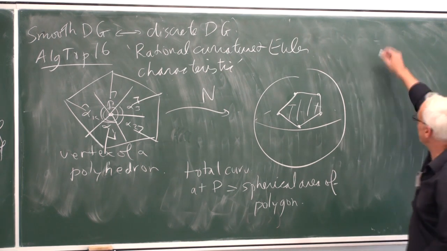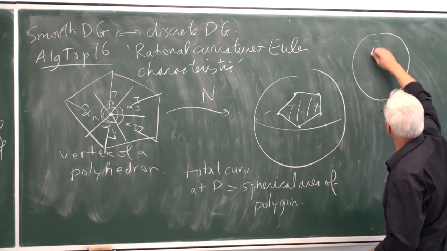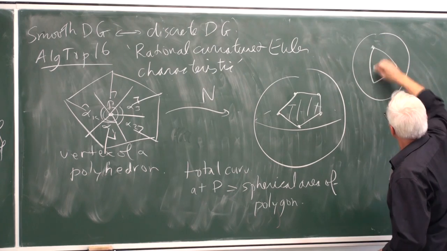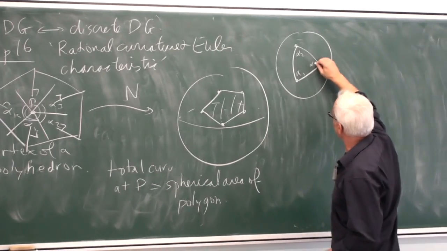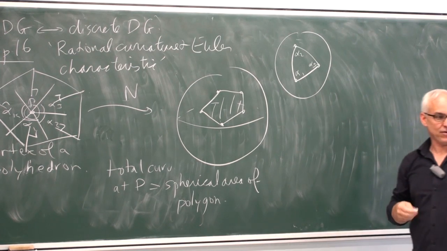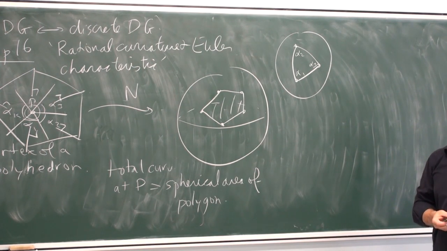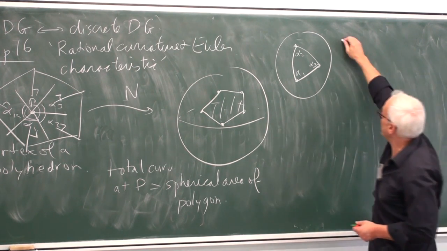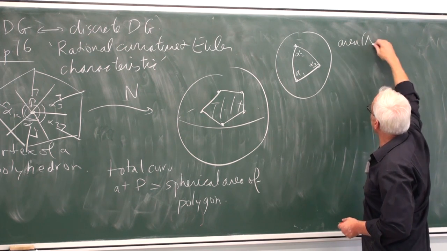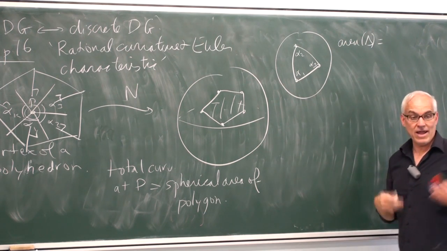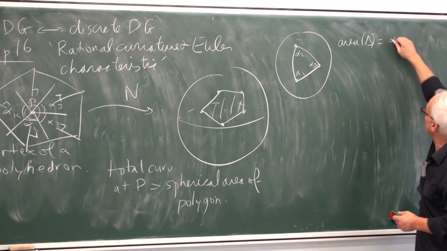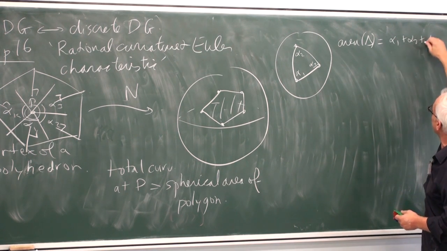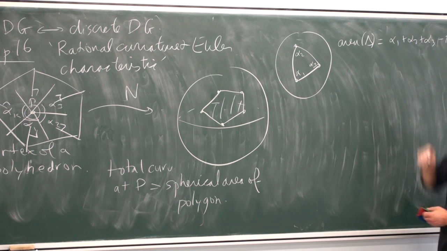Okay. So I remind you that if you have a spherical triangle on a sphere, and you have angles alpha 1, alpha 2, alpha 3, then those angles don't add up to 180, of course. But the area of the triangle is equal to the spherical excess. It's how much more the angles are from what they should be in the planar case. So alpha 1 plus alpha 2 plus alpha 3 minus pi.